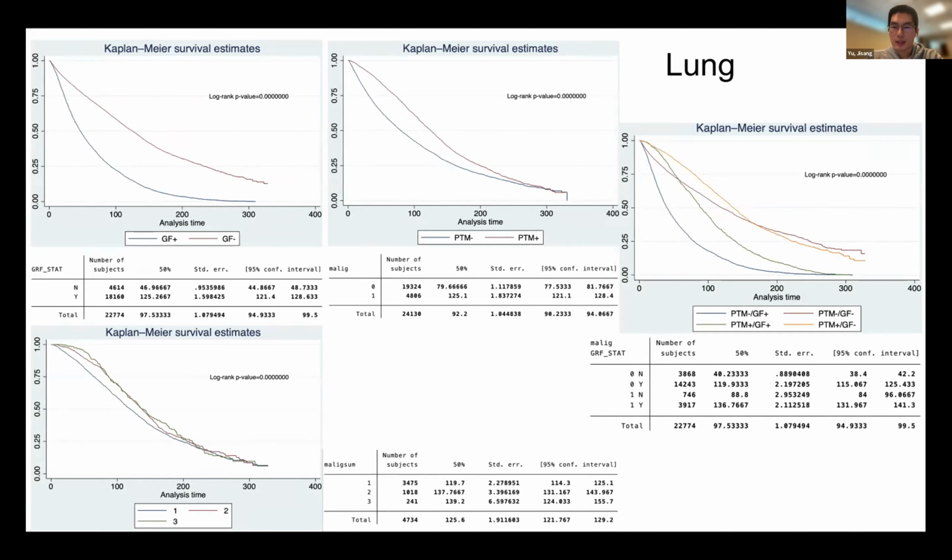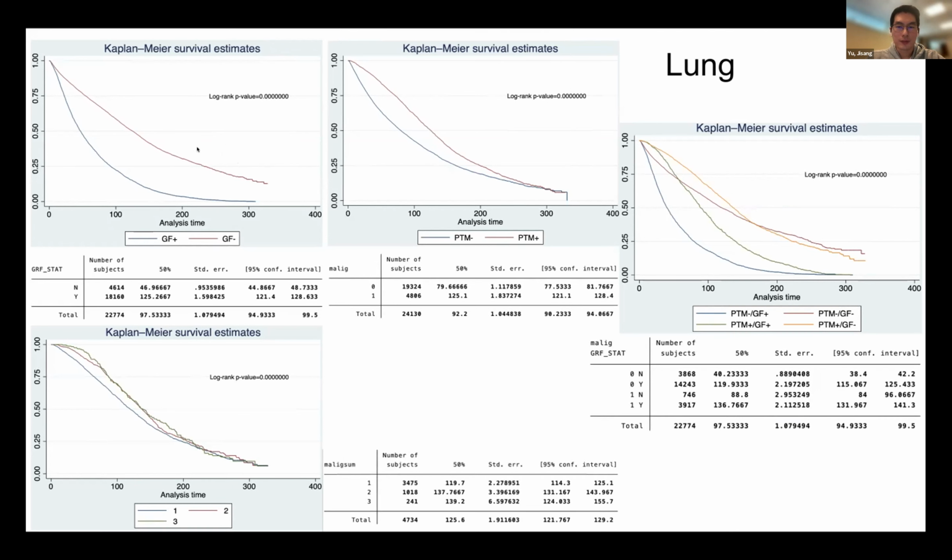On the right side, it's a graph showing both PTM and graft failure, GF. The bottom left is survival analysis based on the number of PTM types. Patients without death record were censored. Let me explain one by one.